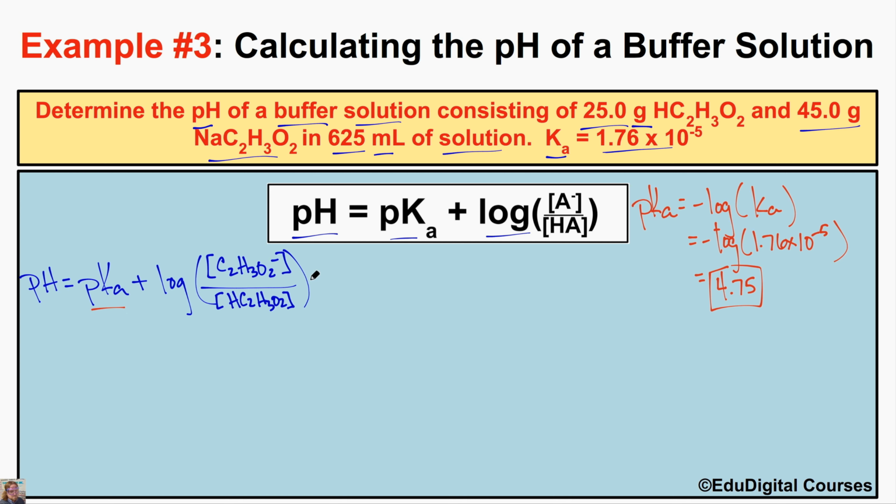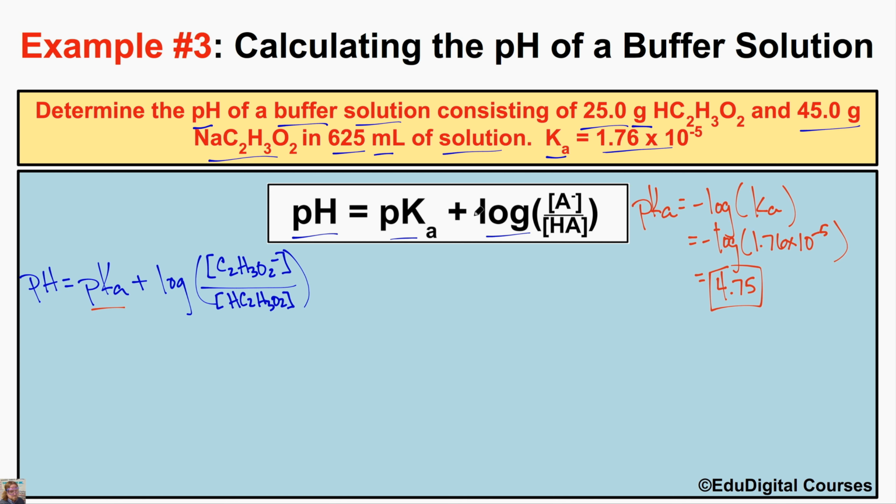However, we now have to figure out the concentrations of our acetate ions, and we have to figure out the concentration of our weak acid first. So let's go ahead and figure out the concentration of our weak acid.